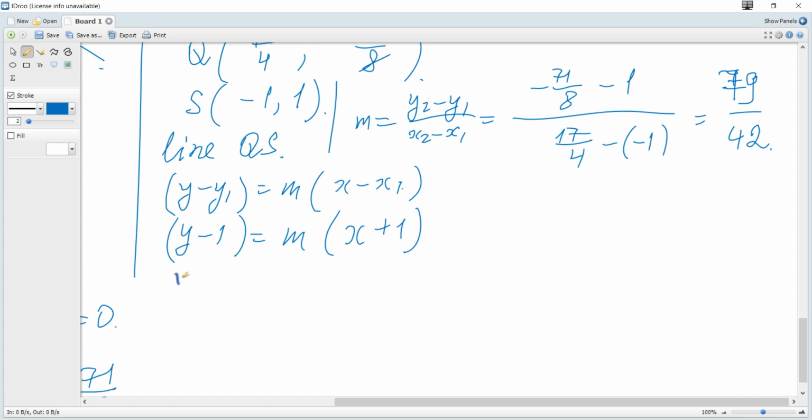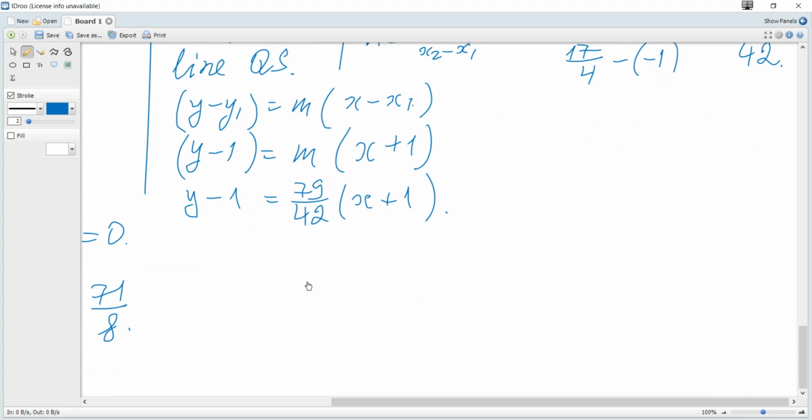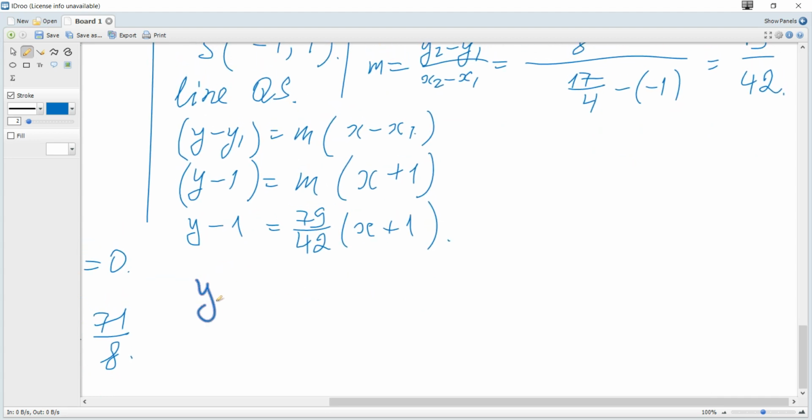Hence the equation of the line becomes y minus 1 is 79 over 42, x plus 1, or y is 79 over 42, x plus 1.